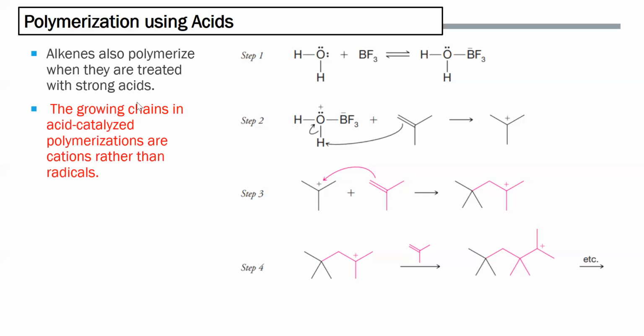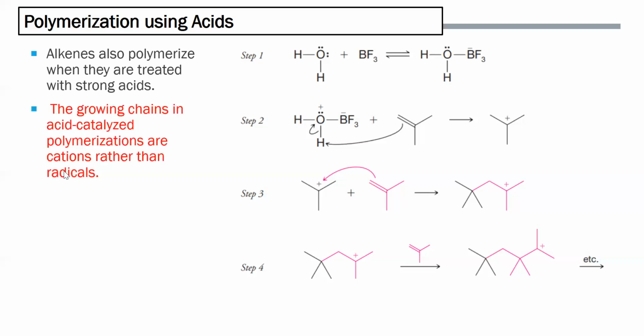The growing chains in acid-catalyzed polymerizations are cations rather than radicals. I'm trying to emphasize here that polymerization using acids proceeds via the formation of carbocations. Whenever you have a double bond with an acid as catalyst, we always produce carbocations. We have learned that with alkenes.